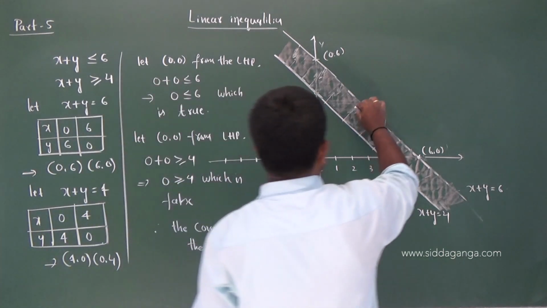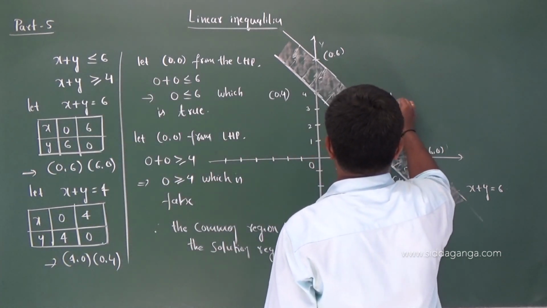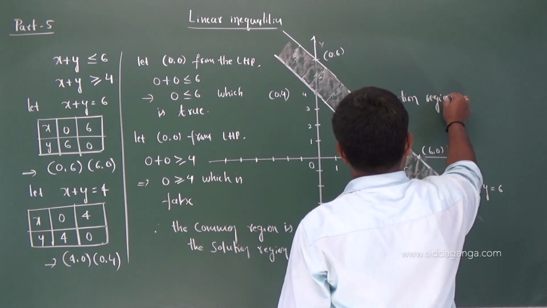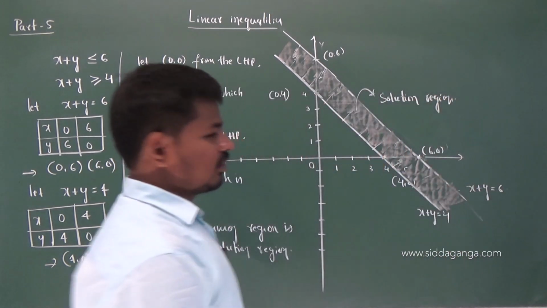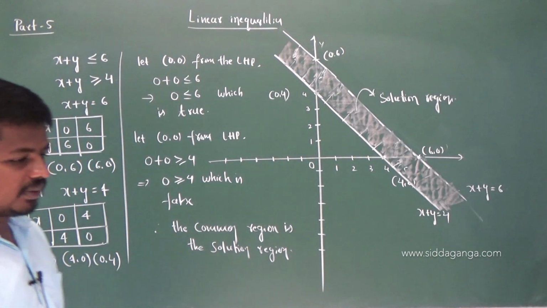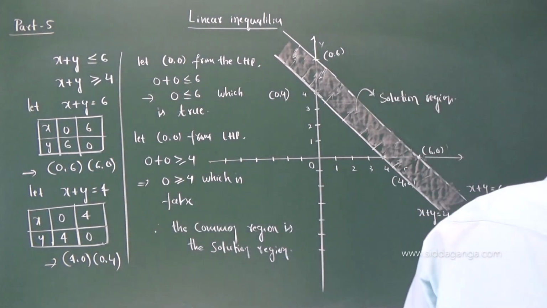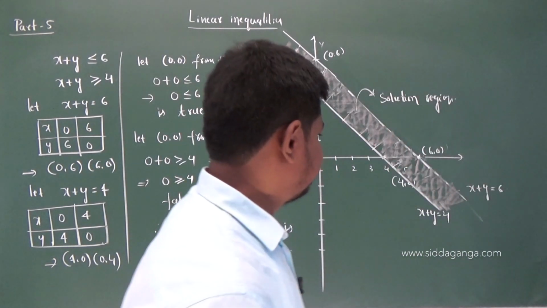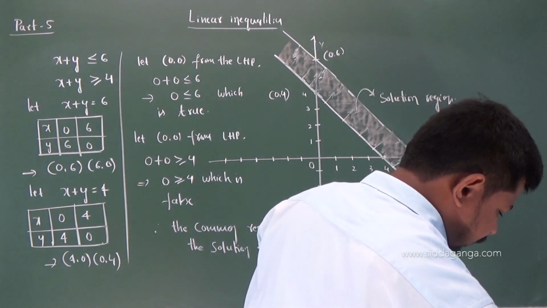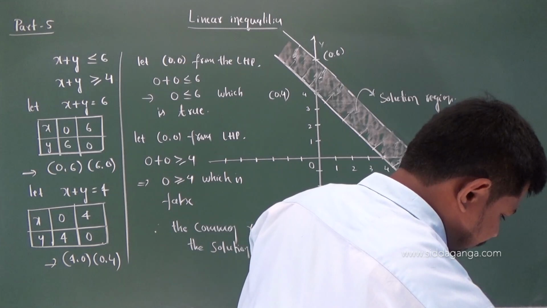So to mention in the graph also, this is the solution region. Okay, this is how finding the solution region is for 5 marks. Okay, let us move on to question number 7.